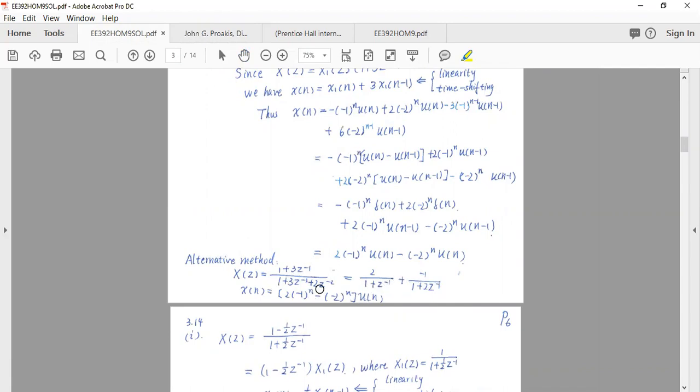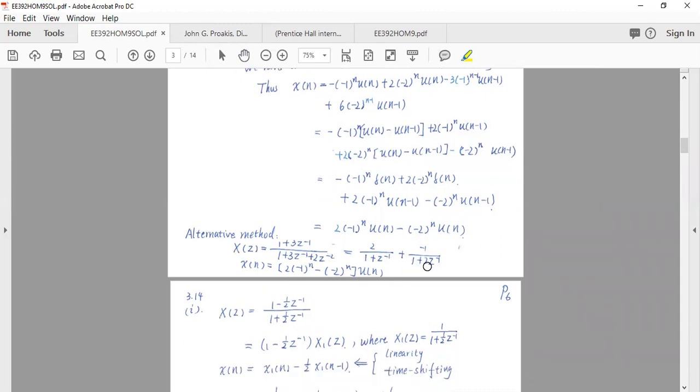It could be factorized as these two terms, so we can just find the coefficients. Using partial fractions, we get 2 upon 1 plus z to the power of -1, plus -1 upon 1 plus 2z to the power of -1.